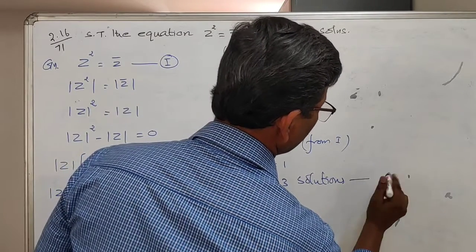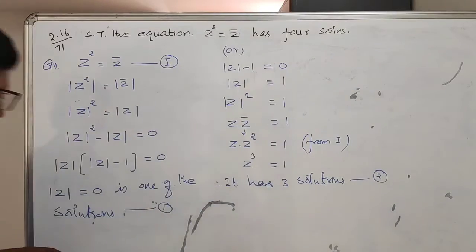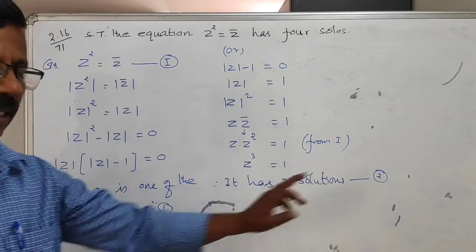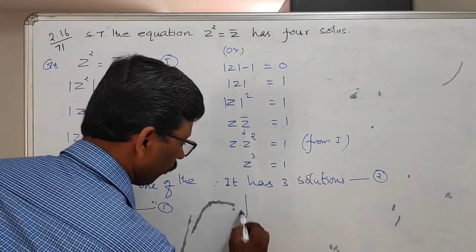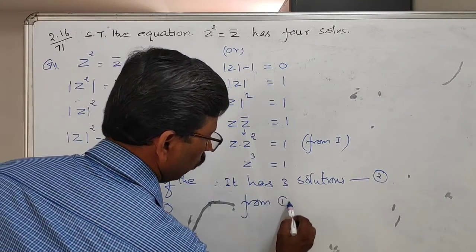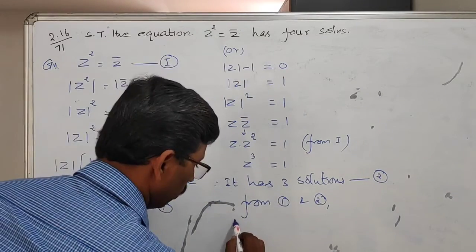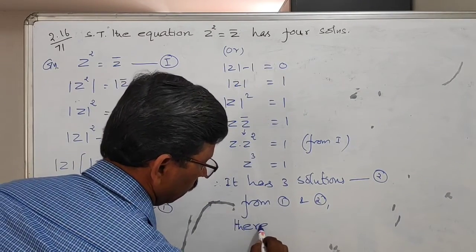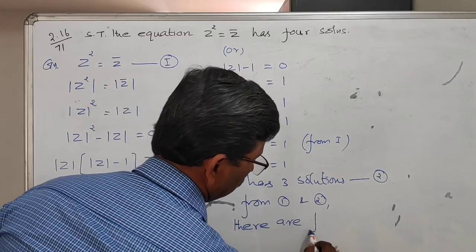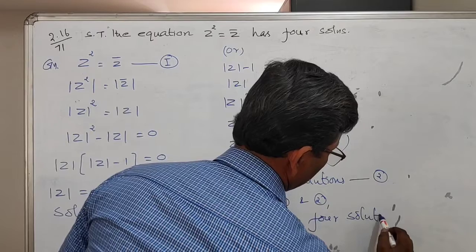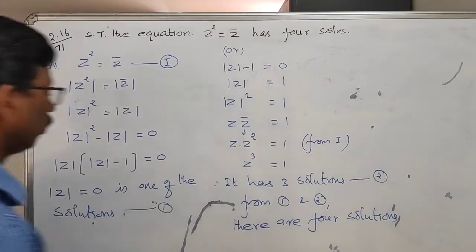Equation number 2, you can see. Now here we got one solution, and here we can take 3 solutions. Therefore, from 1 and 2, there are 4 solutions.